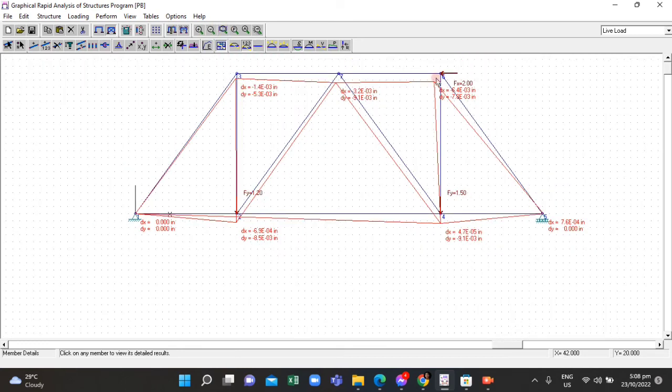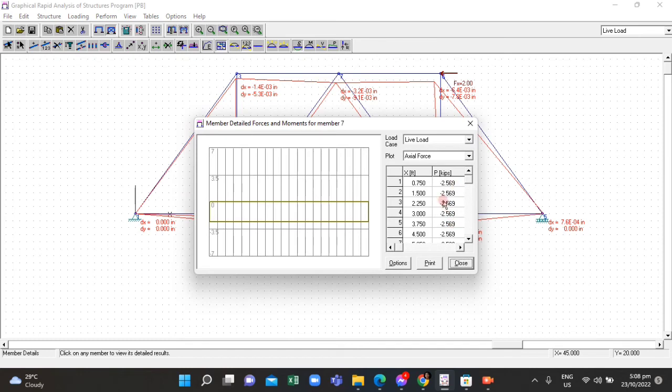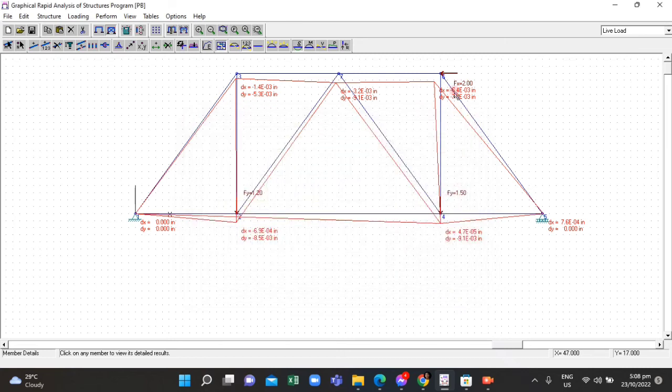At this node, the horizontal and vertical displacements are negative 6.4 times 10 raised to negative 3 inch for x, and negative 7.8 times 10 raised to negative 3 inches for y.